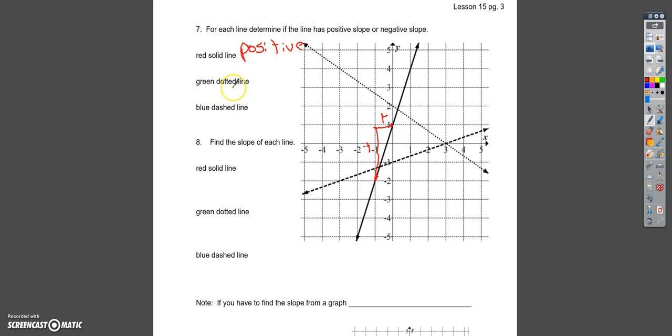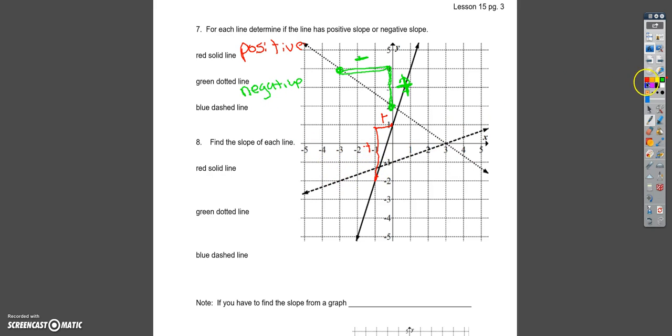The green, which is the dotted line, which is this one, if we look at this, here's a point, here's a point, rise and run. Well, if I rise, I'm going positive. If I run, I'm going negative. And a positive divided by negative is a negative. If I look at it, I'm going downhill, it's negative.